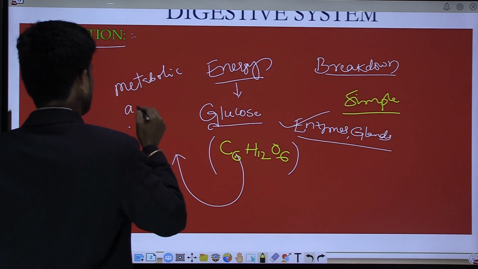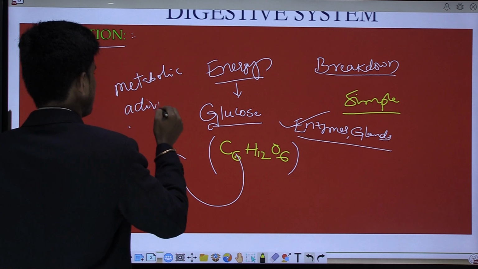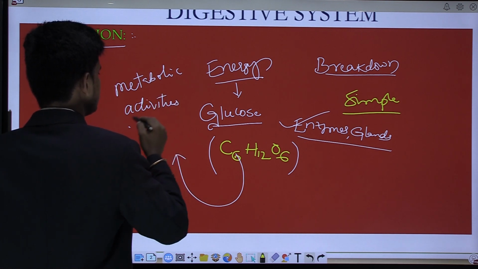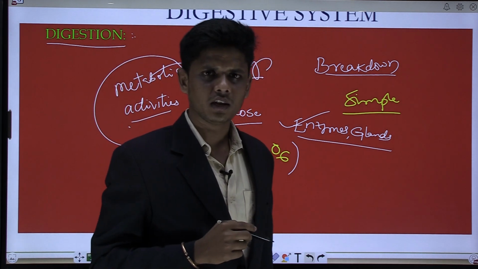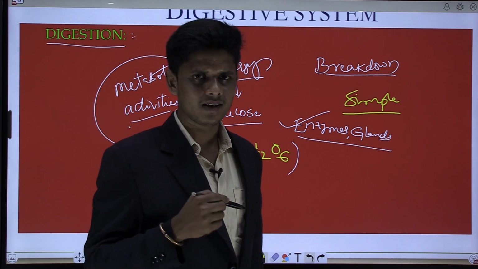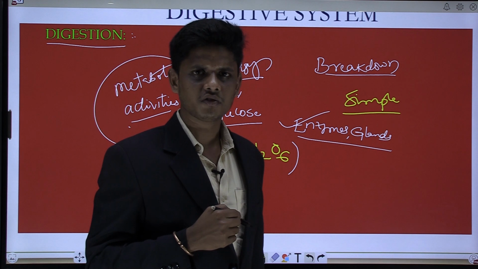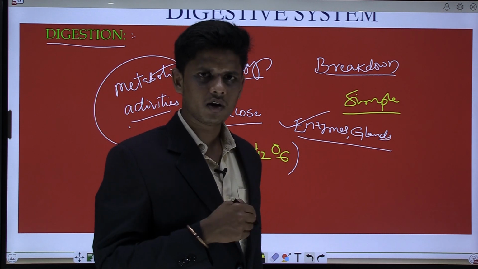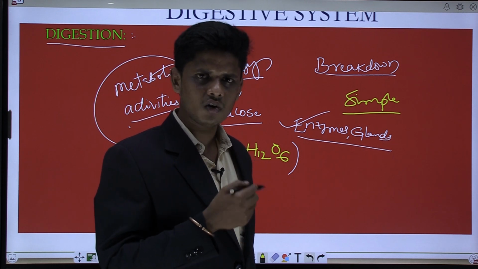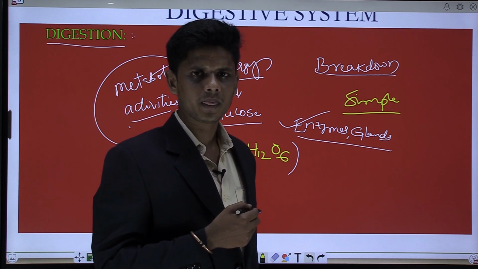Fine. And this glucose is stored in which cell organelle? After the complete digestion, glucose is produced in our body and it is stored in the mitochondria.